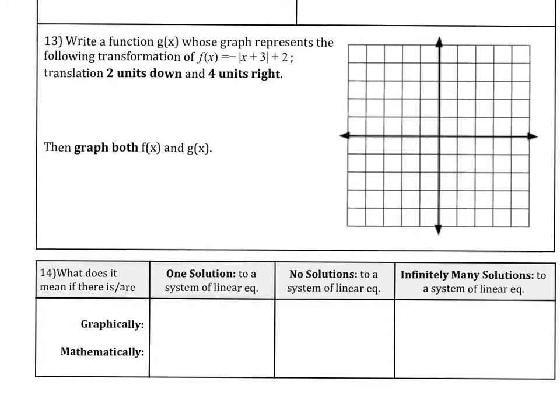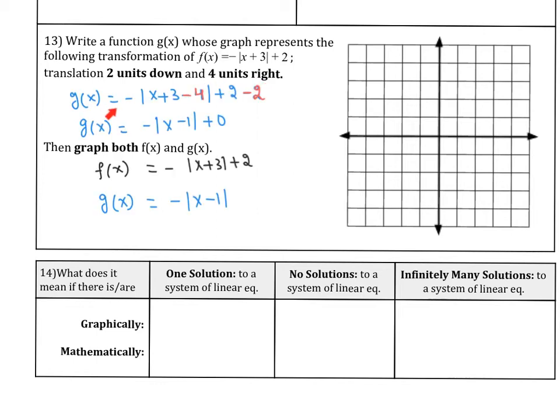Now let's just do number 13. Write a function g(x) whose graph represents the following transformation of f(x) equals negative (x plus 3) plus 2. Translation 2 units down and 4 units right. The function g(x) is going to be negative (x plus 3), and inside you're going to subtract 4 because it's 4 units right.